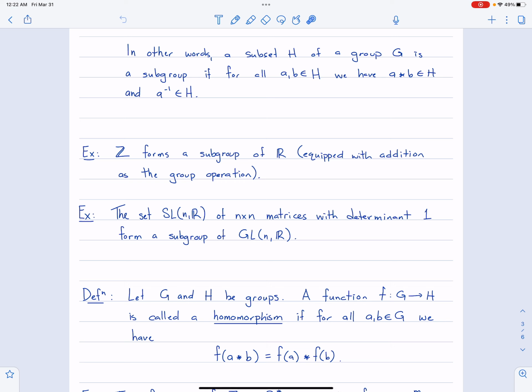Over here, this is the group operation in G, and over here, this is the group operation in H. Essentially, it doesn't matter if you apply the group operation to two elements and then plug the result into f, or if you plug those two elements into f and then apply the group operation separately in H. You should get the same thing. So in some sense, this function respects the group operation if it satisfies this.